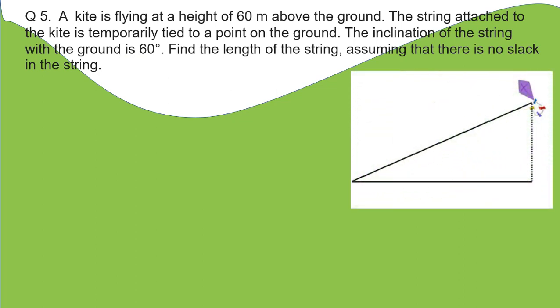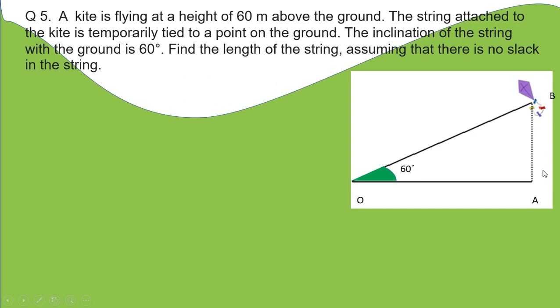So here is the figure, where the height of the kite is AB, shown in this figure, and O is the point where the string is tied on the ground. The angle of elevation from this point O to the kite position at B is given as 60 degrees.